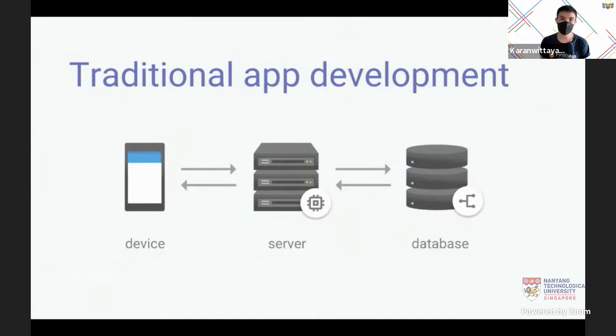So the overall process of developing to production may take around 1 month, 2 months, or maybe someone will say 3 months to provide the SDK and run your application on your server. So this is traditional app development that you are already familiar with.